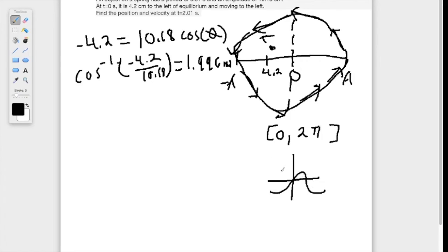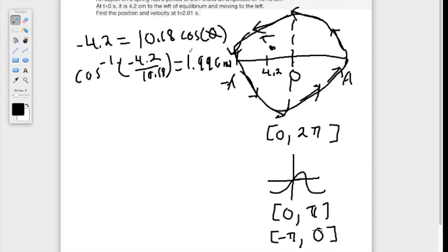But we have to make sure it's a one-to-one function, so basically split it in halves. So we can do 0 to pi, or negative pi to 0, or pi to 2 pi, however we see fit. But in this problem, we had to use negative pi to 0.